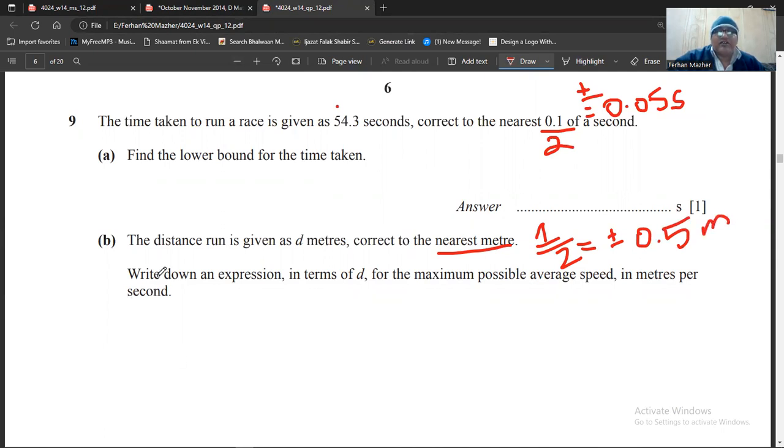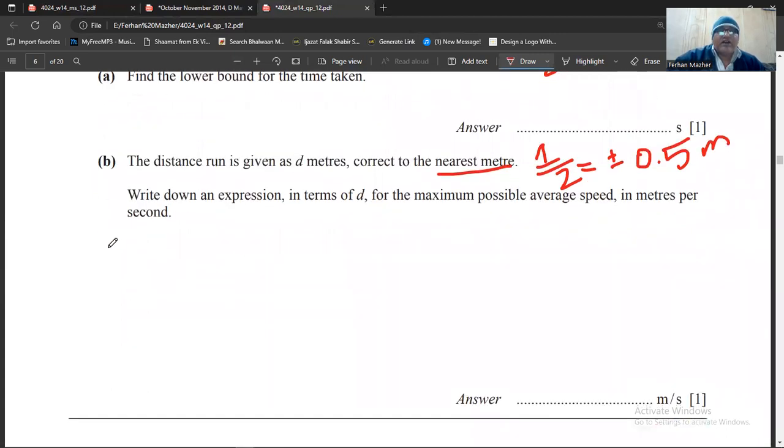So you can find the upper bound and lower bound of the distance traveled. Write down an expression in terms of d for the maximum possible average speed in meters per second. They are asking a question on speed. You know the speed is equal to distance divided by time. Now they are asking you to find the maximum possible average speed.